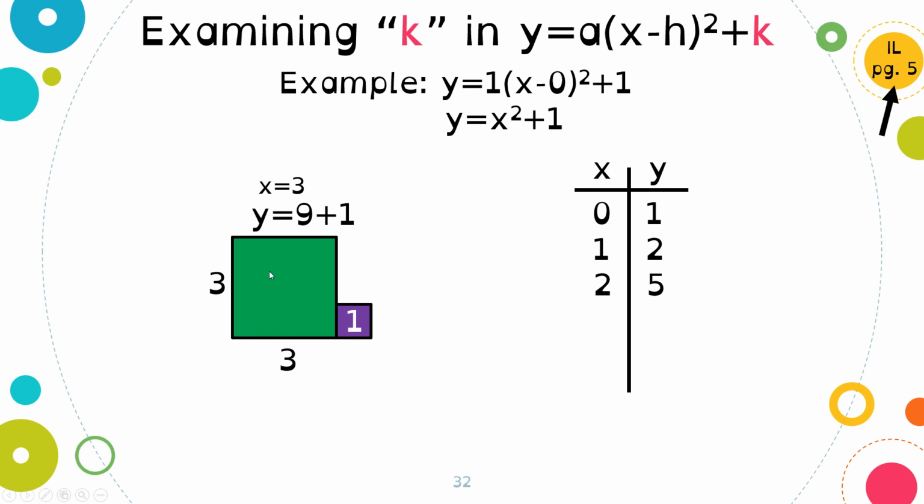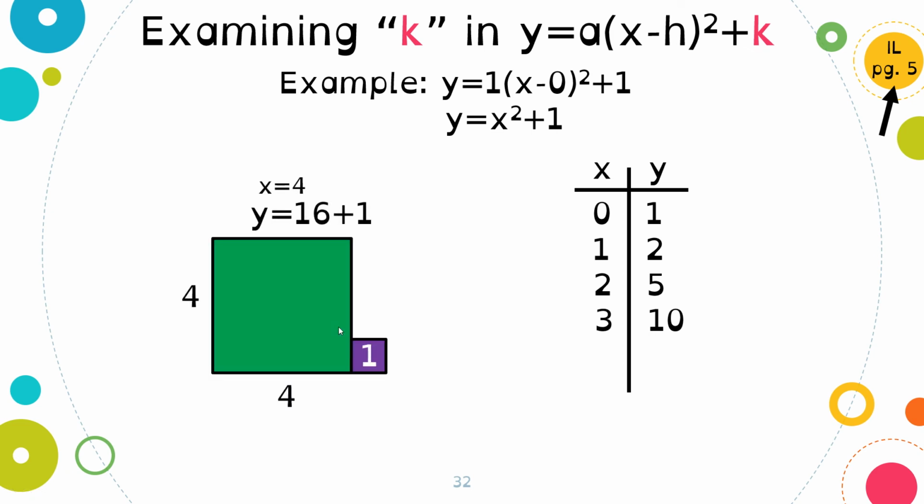That means our area is 9. 3 squared is 9. Plus 1 means we have a total area of 10. So when x equals 3, y equals 10. When x equals 4, we have a total area of 16. 4 squared is 16, plus this other 1 that we still have. So when x equals 4, y equals 17.